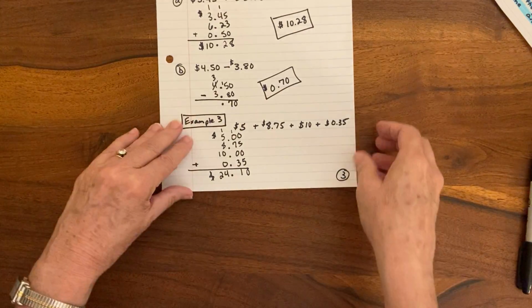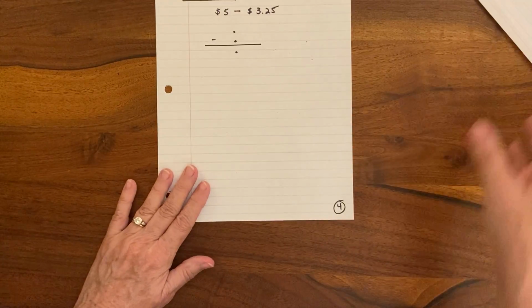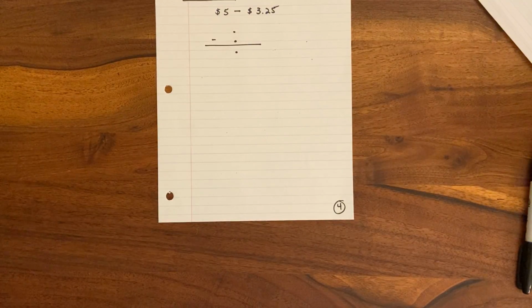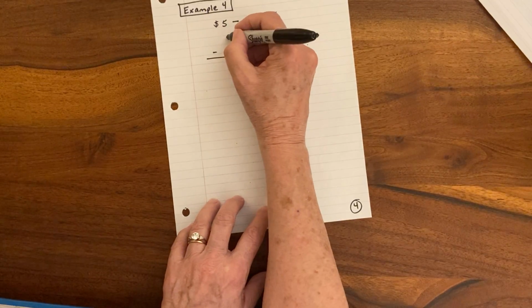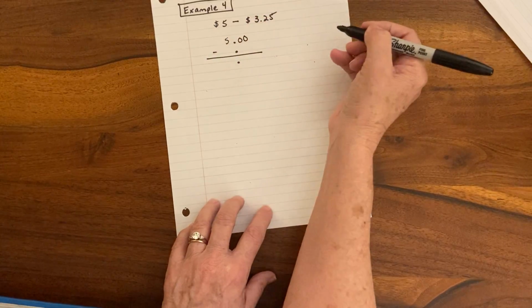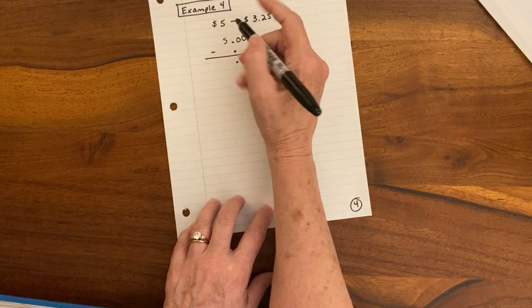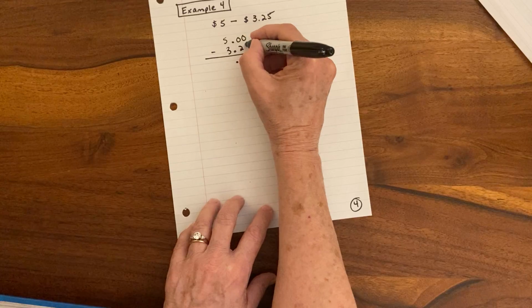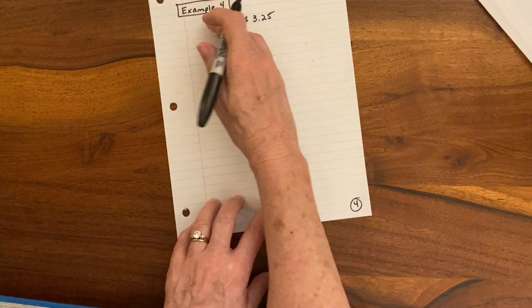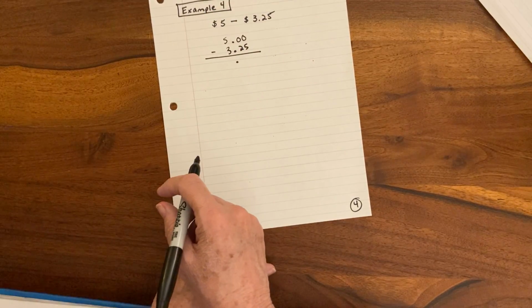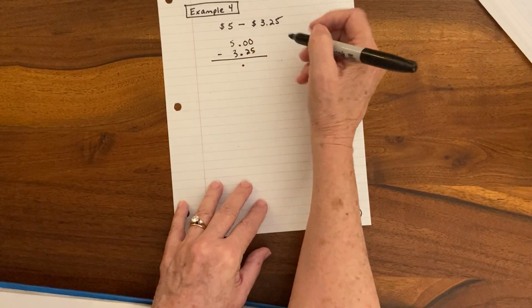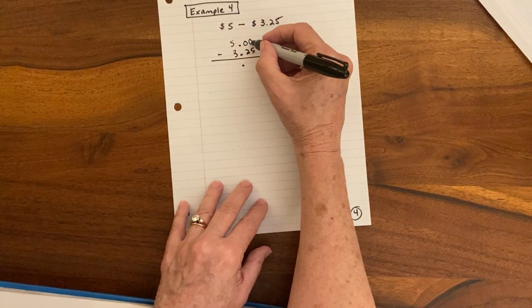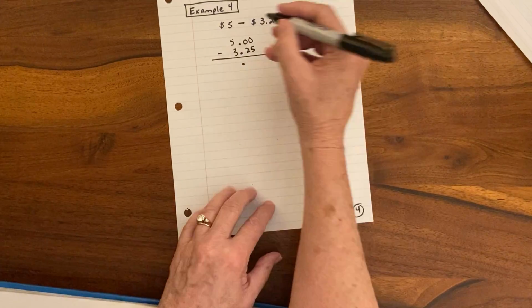Let's see, the next one, example 4. I'm going to do the same idea. It's saying that $5, so remember I have to add my zeros. When I'm doing decimals, I want to make sure I have the same number of digits in each number, especially when I'm subtracting. So 5 from 0, can't, 0 minus 5, not happening.